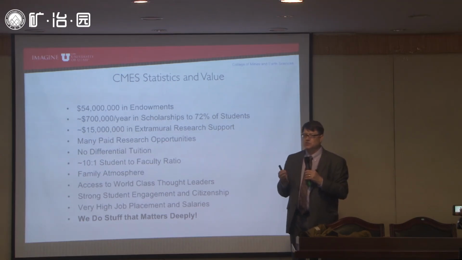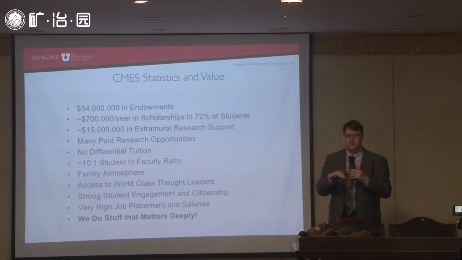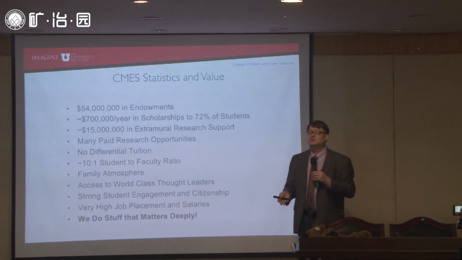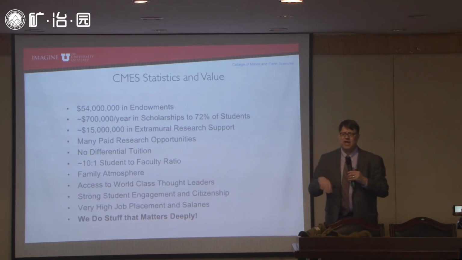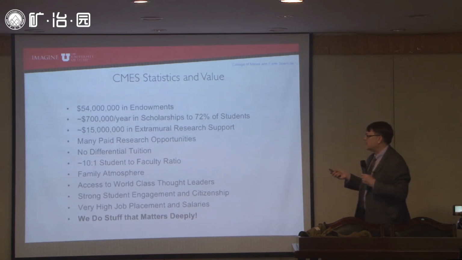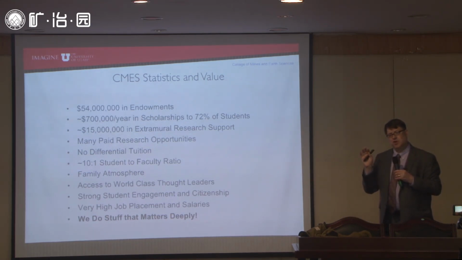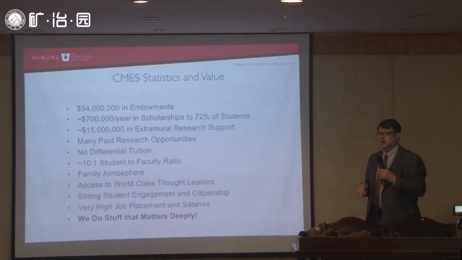So as an undergraduate student, in addition to going to class, you can also do research, you can get publications, and by being part of a research community, what you'll find is your grades improve, your scores improve, because you stay on campus, you work there with the other students, you have a mentoring system, but you also get paid to do that. So we try to make college at the University of Utah as affordable as possible, particularly in my college.